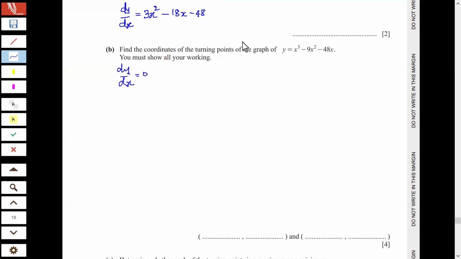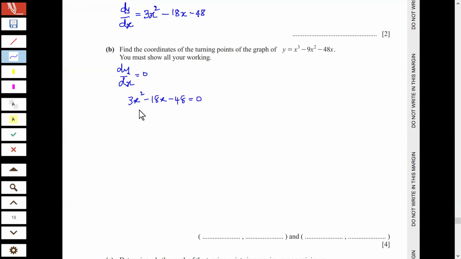We found the dy dx in question A, so we have to make dy dx equal to 0. In this case, it's going to be 3x squared minus 18x minus 48 equal to 0.